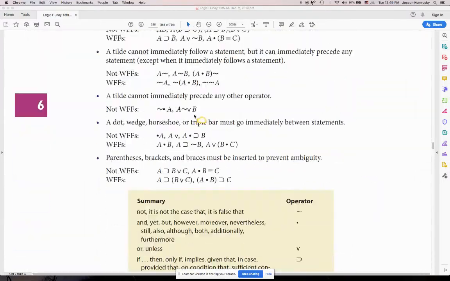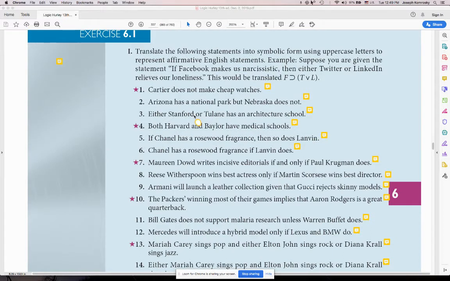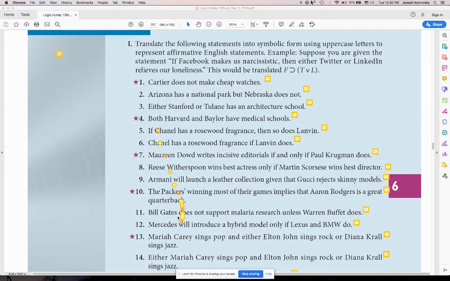In your homeworks, MindTap might look a little different from the book or vice versa, but either way, you know what kind of homework is coming at you in this section. There's a simple statement right here. I'll read it to you: Cartier does not make cheap watches. There's a bunch of statements, right?